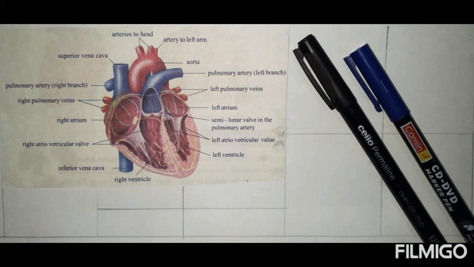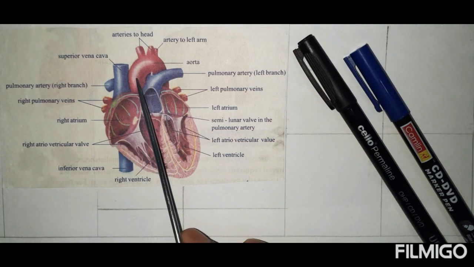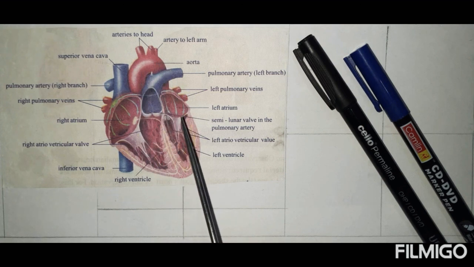The walls of interventricular septum are thicker than the interauricular septum because ventricles have to exert more or high pressure on the blood, as the blood has to travel through different parts of your body, especially the large artery has to carry the blood from heart to different parts of the body.